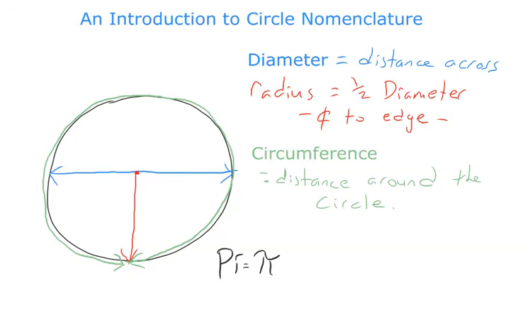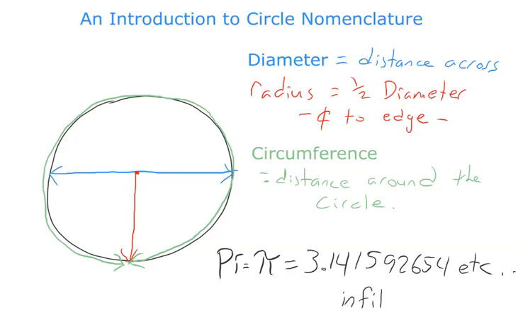Pi equals that symbol, which equals 3.14159265, etc. It never repeats itself. It is an infinite number.